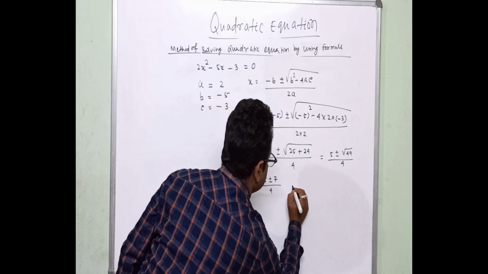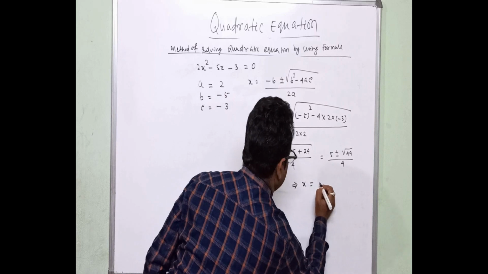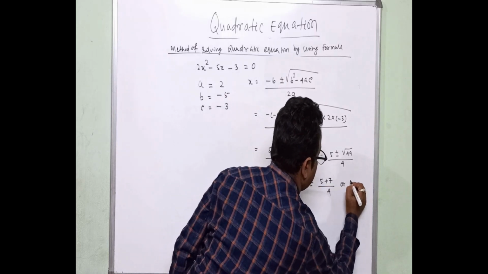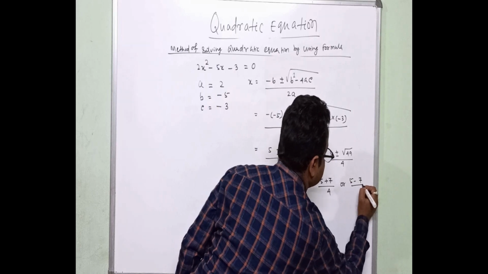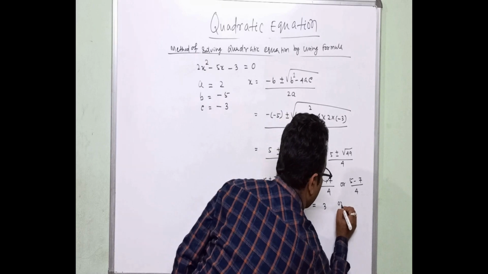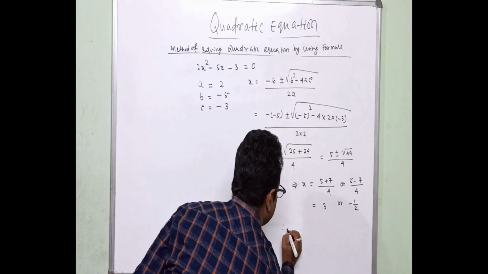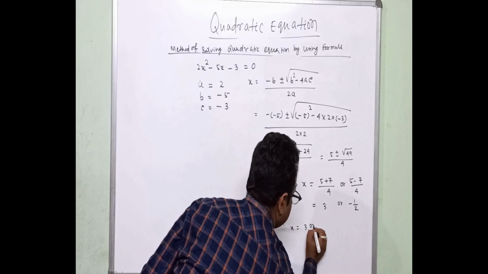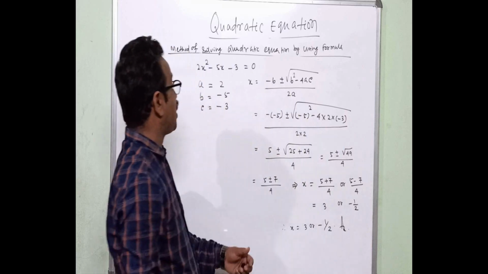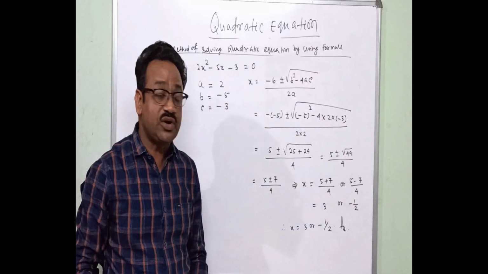That implies x is equal to 5 plus 7 by 4 or 5 minus 7 by 4, that is equal to 3 or minus 1 by 2. Therefore, x is equal to 3 or minus 1 by 2 is the solution of the quadratic equation 2x square minus 5x minus 3 is equal to 0.